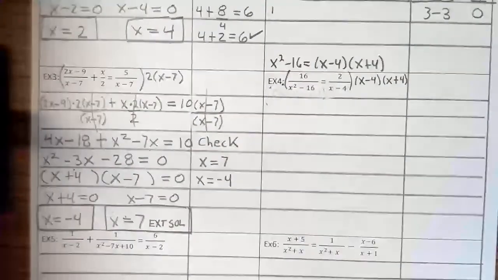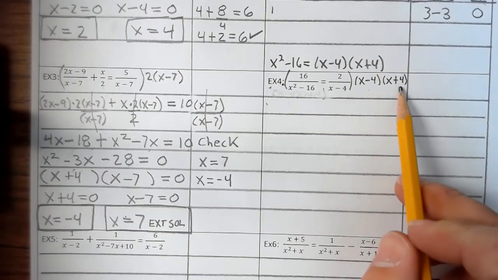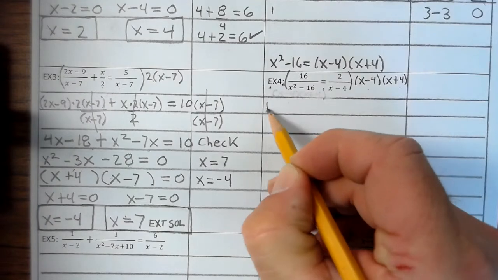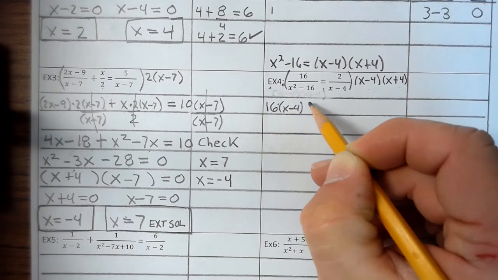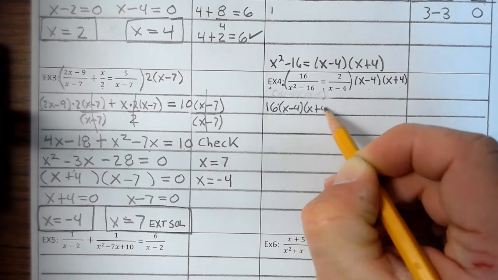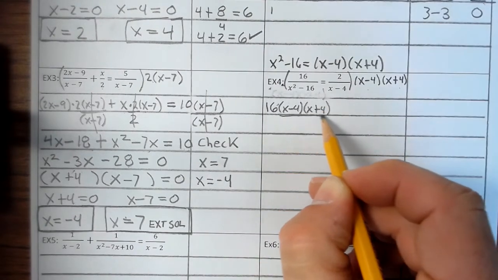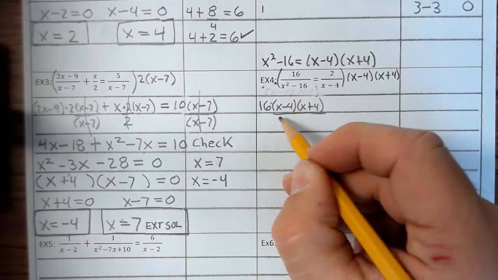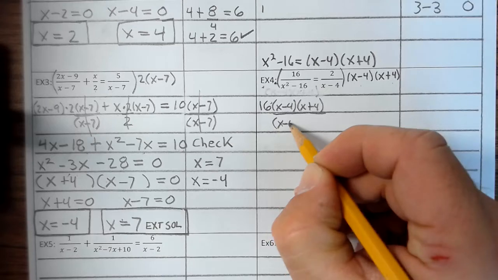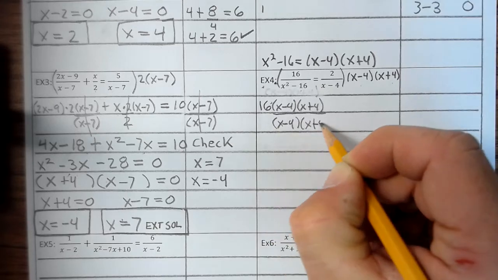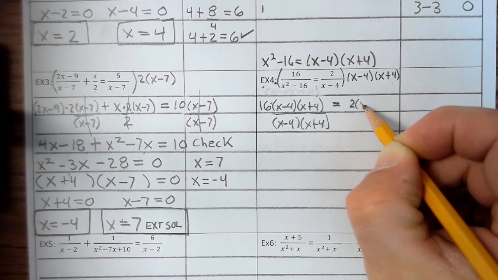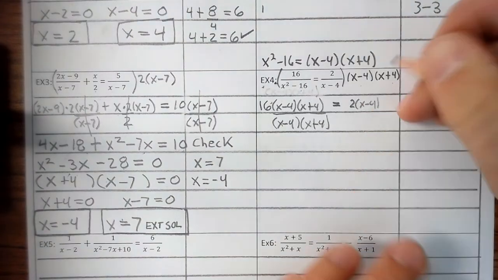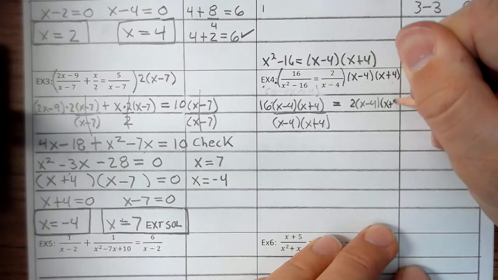So that's 16 times x minus 4 times x plus 4 divided by x squared minus 16, which is the same as x minus 4, x plus 4, equals 2 times x minus 4, x plus 4 divided by x minus 4.